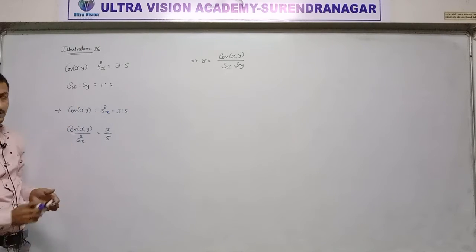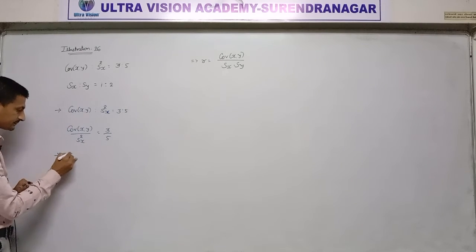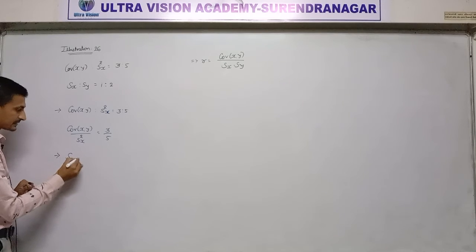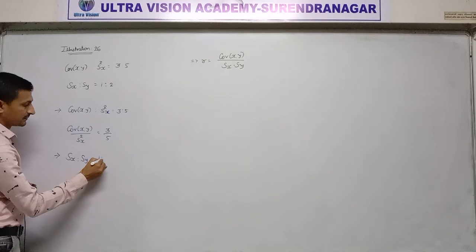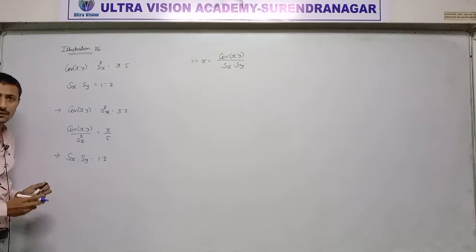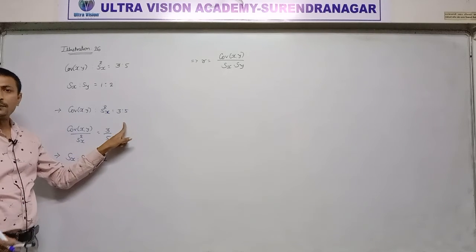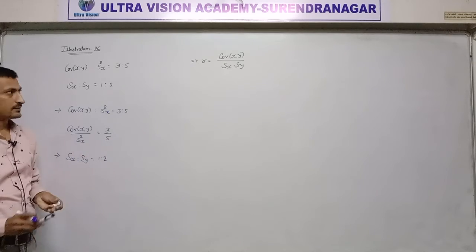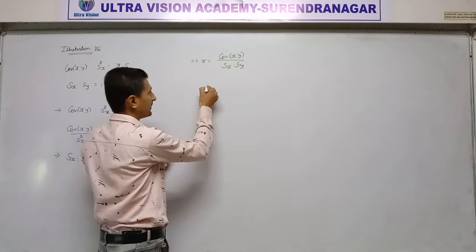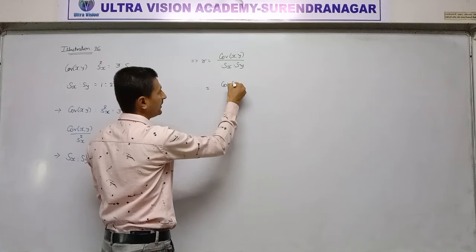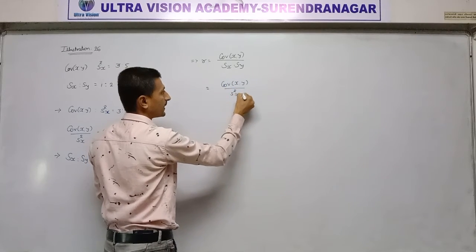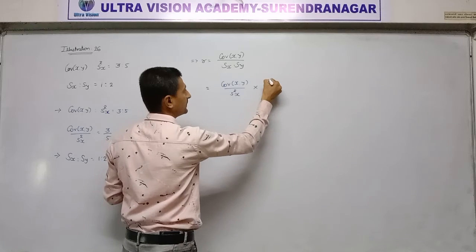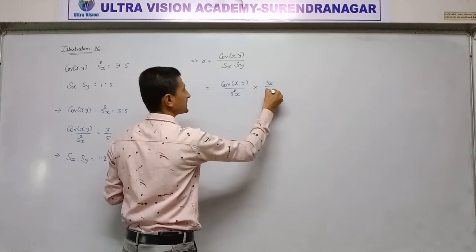Okay. Now next, another value is given. Sx is to sy. Means suppose sx in multiplication. So now next step in formula covariance xy divided by variance of x into sx by sy.